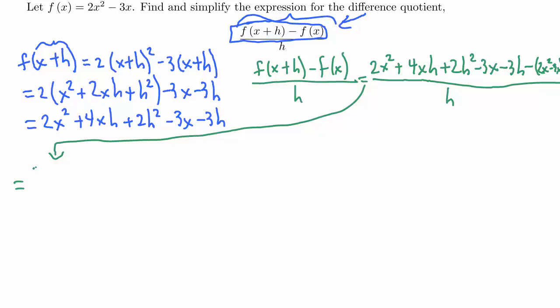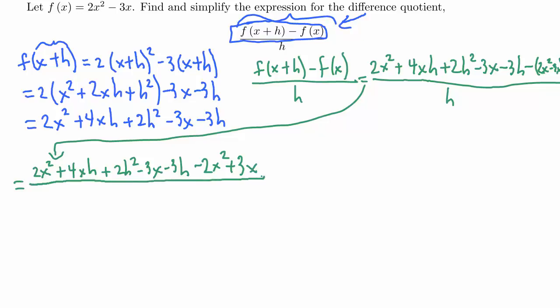So that gives you 2x squared plus 4xh plus 2h squared minus 3x minus 3h. Notice that's just right there. I haven't done anything with it. And then distribute the negative sign gives you negative 2x squared, and then plus 3x. And divide all of that by h.